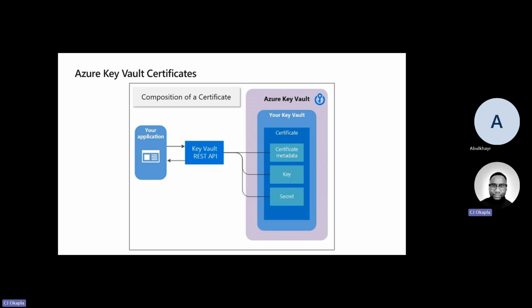So basically, Azure Key Vault certificates. A certificate could be, say for instance, you visit a website. To make sure that the website is not used for fraudulent activities or to redirect you to a fraudulent website, it is protected by a certificate.